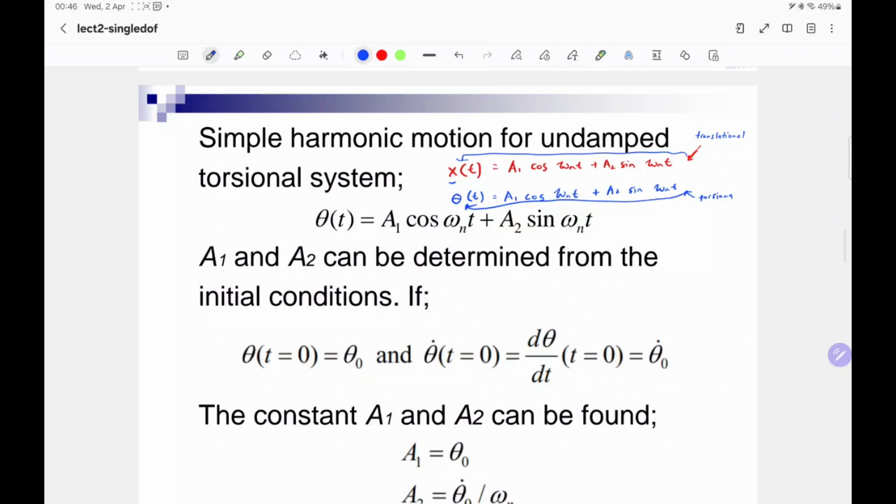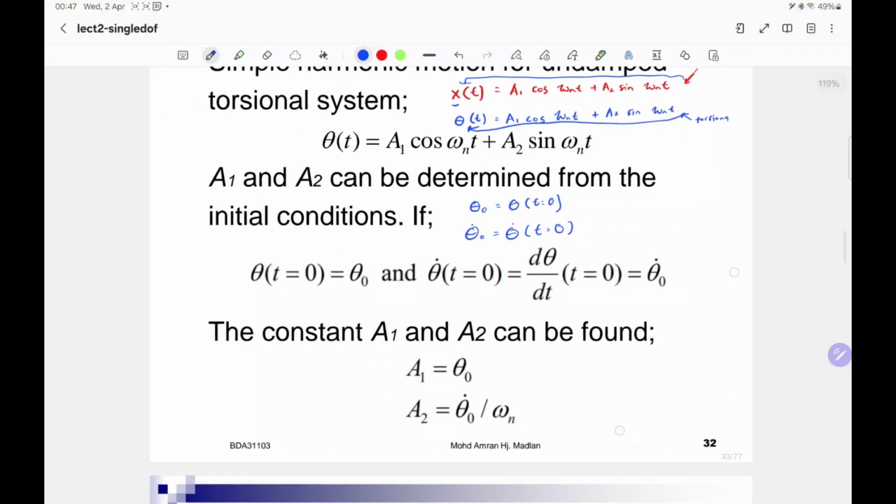The same goes for the initial condition. Previously we used x naught and x dot naught, but for torsional we use theta naught, which is theta when t equals zero, and theta dot naught, which is the value of theta dot when t equals 0.